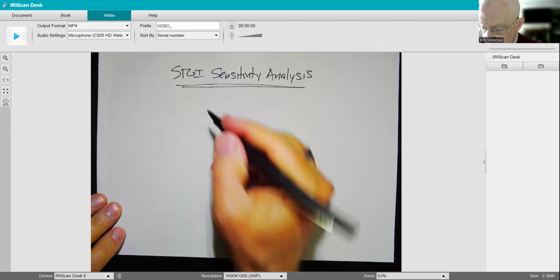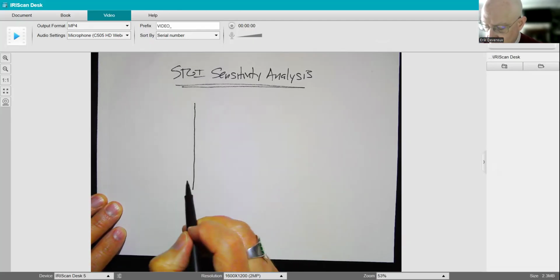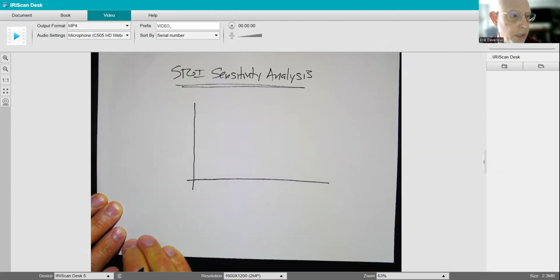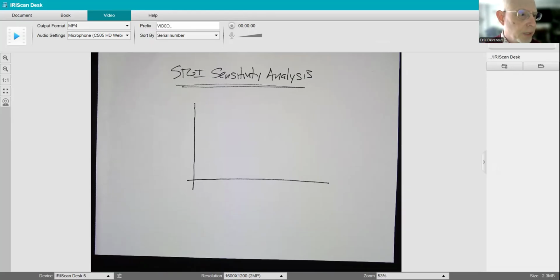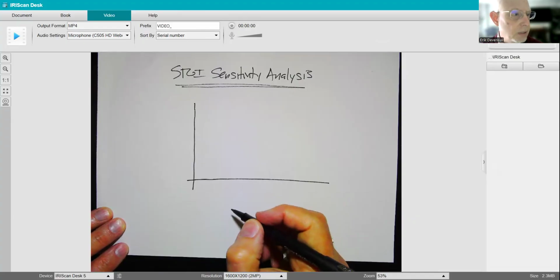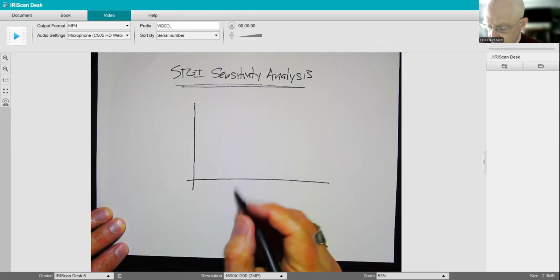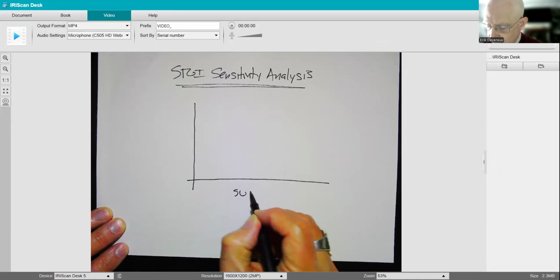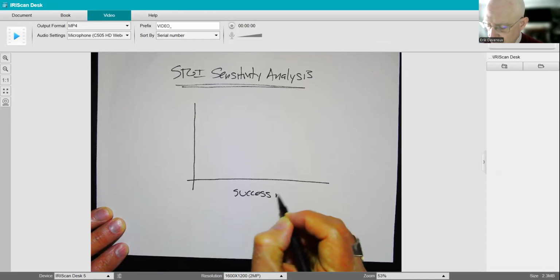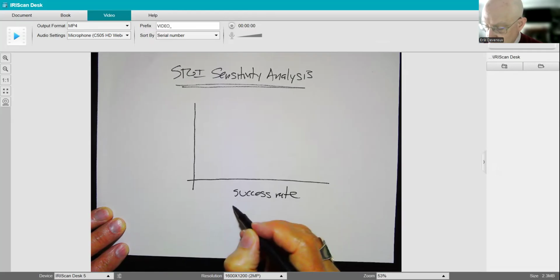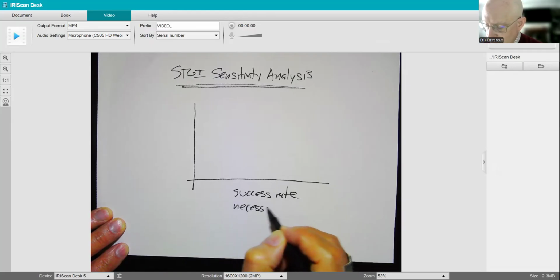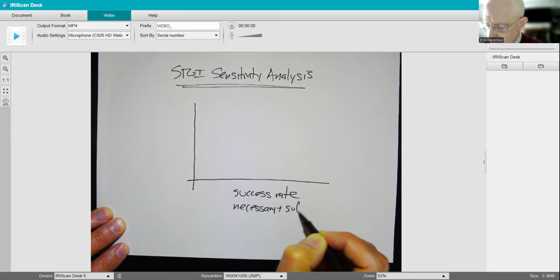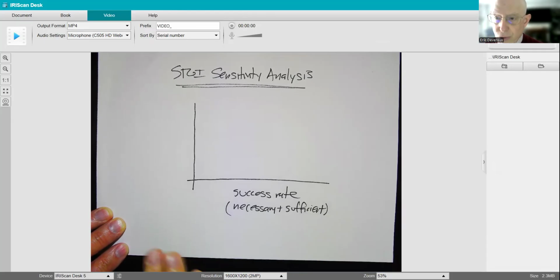But in terms of SROI sensitivity analysis, what you often find yourself doing is, based on the formulas that you've worked out, you can look at your success rate for the program, which is based on those for whom the program was necessary and sufficient to produce success.